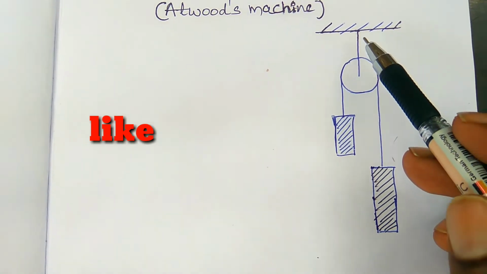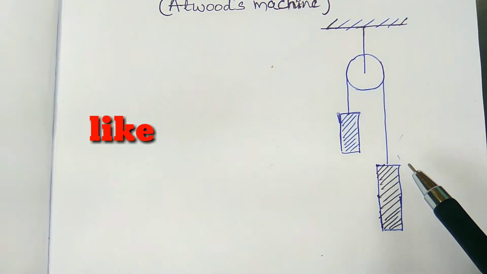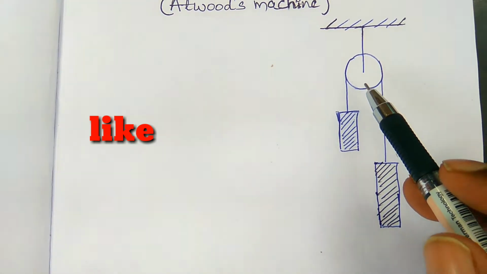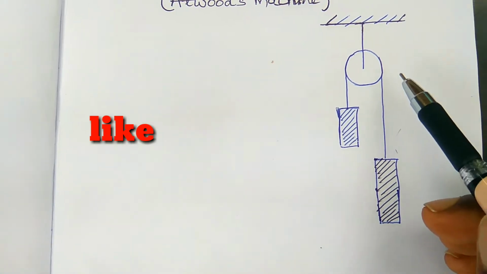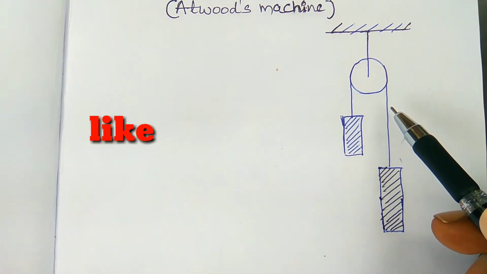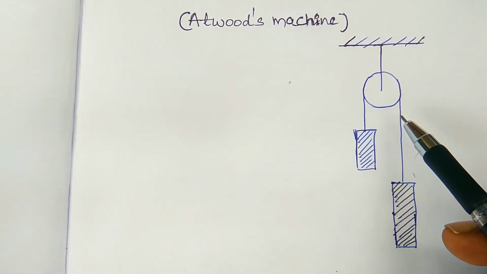By this Atwood machine, we have to find the acceleration of the entire system and the tension acting on the strings. This is the basic classroom demonstration by an Atwood machine.